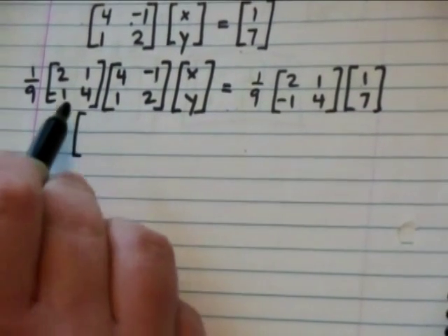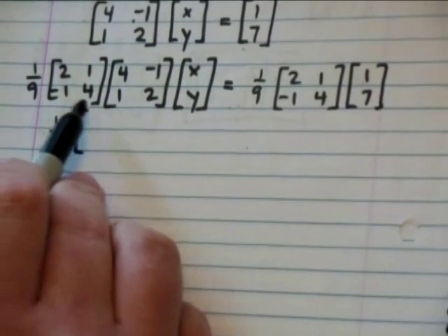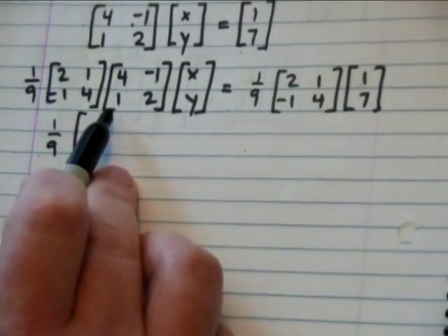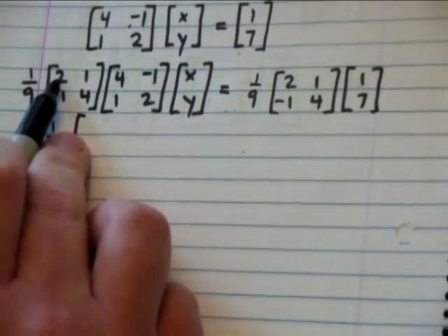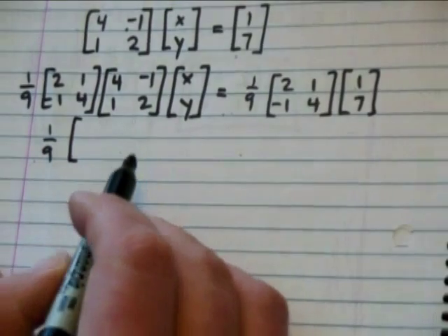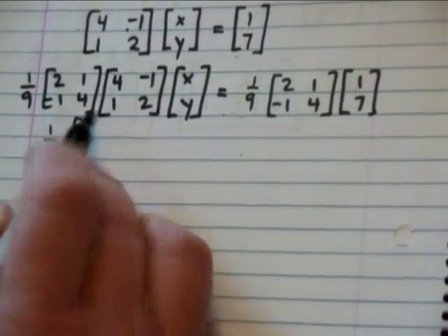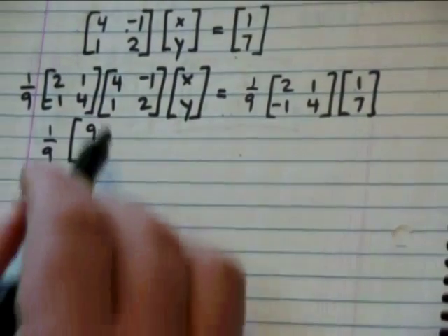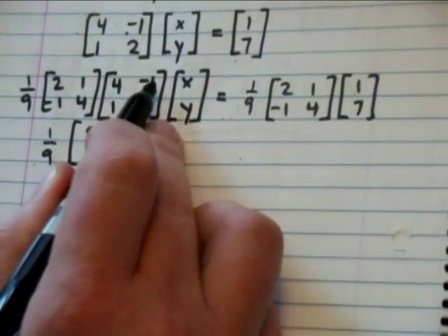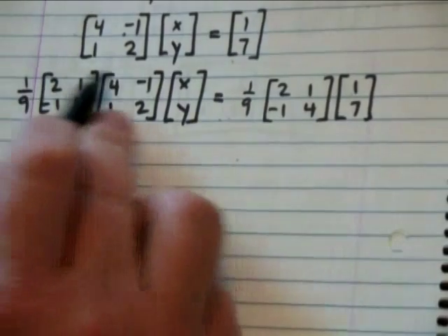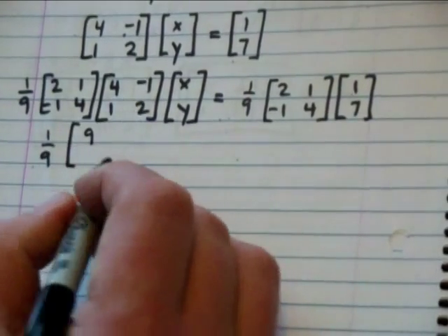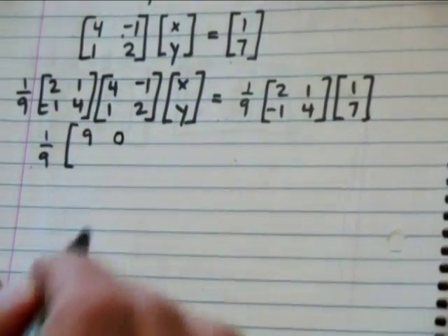In this case, we're going to multiply this row times this column, just like we learned in an earlier section. So 2 times 4 is 8, plus 1 times 1, so we've got 8 plus 1, which is 9. Then this row times this column. Well, 2 times negative 1 is negative 2, and then 1 times 2 is positive 2. Add those together, negative 2 plus positive 2 is 0.